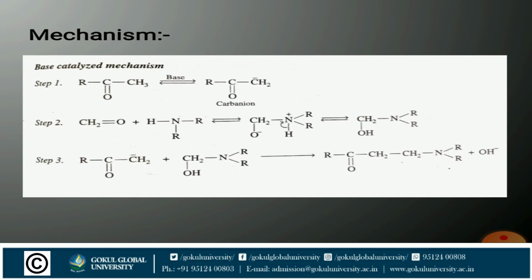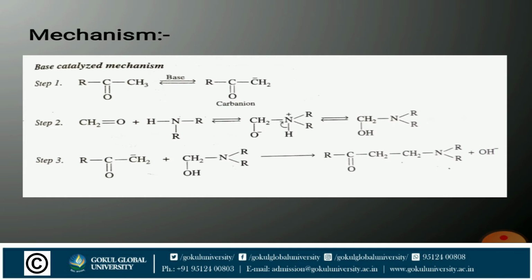Here is the stepwise mechanism, as you can see in this slide. This is a base catalyzed mechanism. In the first step, the base abstracts H plus and formation of CH2 minus takes place, which is known as a carbanion. Here the carbanion is RCOCH2 minus.